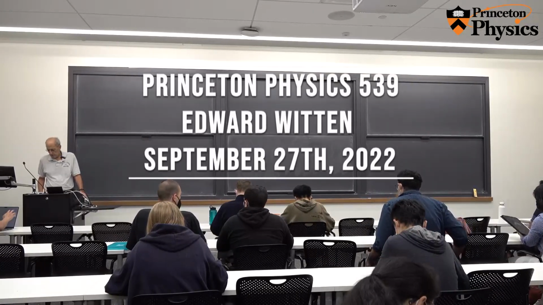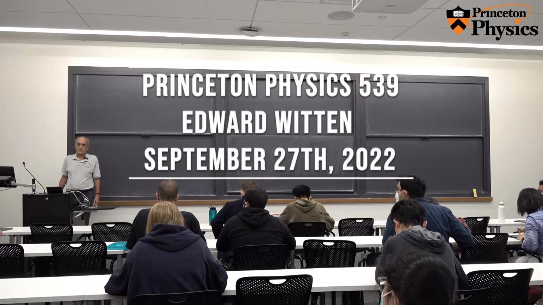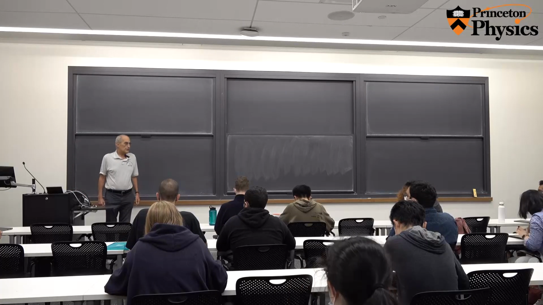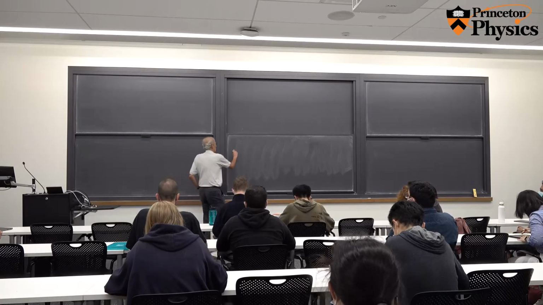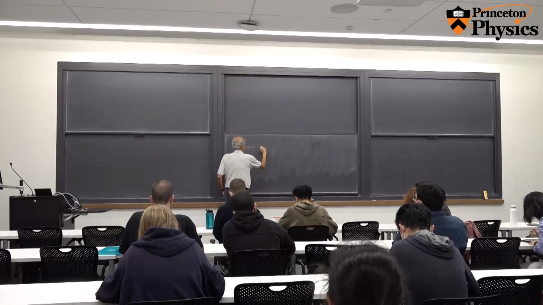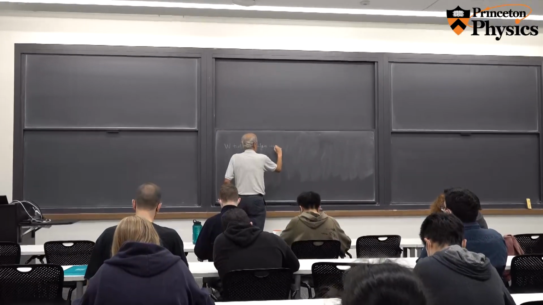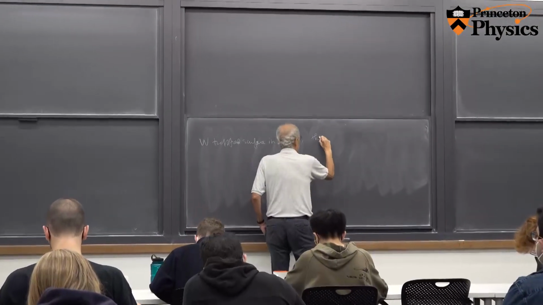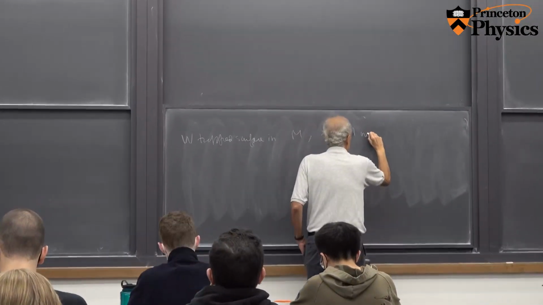Okay. So last time we proved Penrose's theorem about black holes. In particular, we showed that if W is a trapped surface in a spacetime M, then M is not geodesically complete.